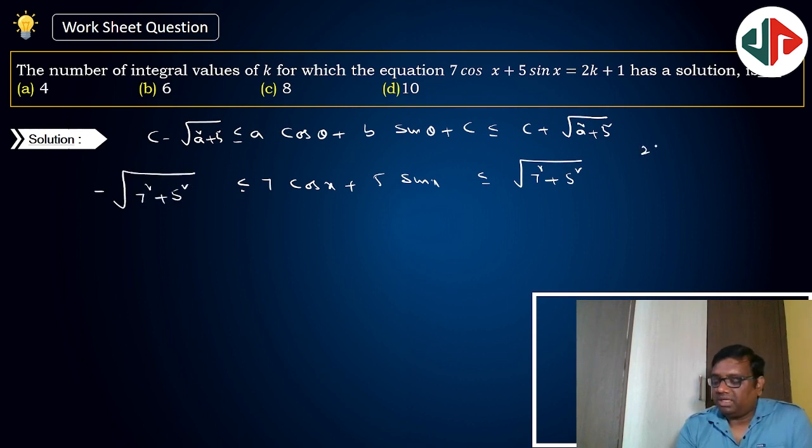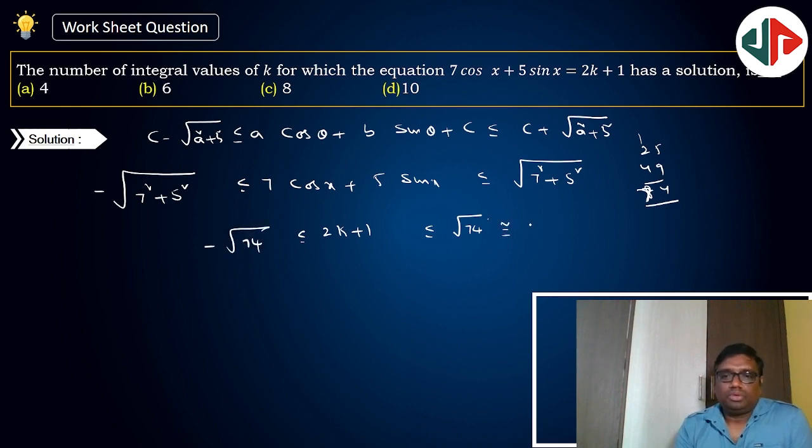So 25 plus 49, 74. This value 2k plus 1 is less than or equal to square root of 74. Approximation value, 8.5 you can consider.